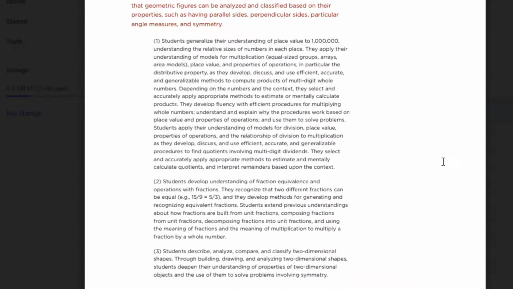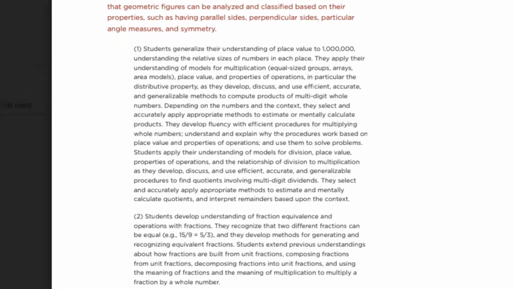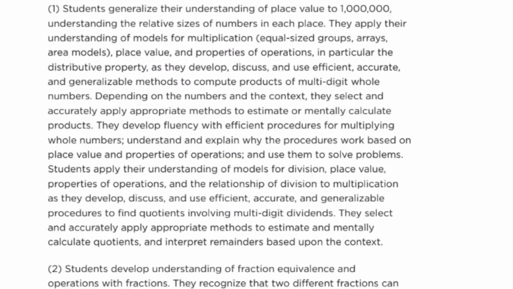And then if I go into this area right here, where they delve into more detail, it says students generalize their understanding of place value to 1,000,000, understanding the relative sizes of numbers in each place, and apply their understanding of models for multiplication, equal size groups, arrays, and area models, place values, and properties of operations.